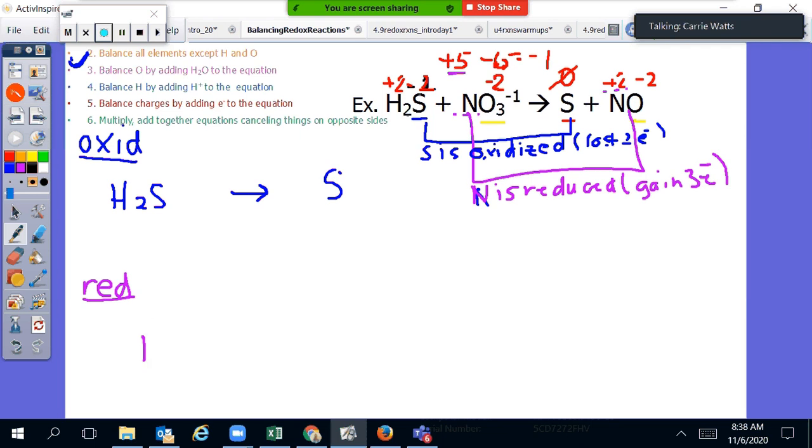So I am writing the reduction part. So all I did was take the reduction part and write it. Are we cool there? So that's step 1. That's the one I just covered.